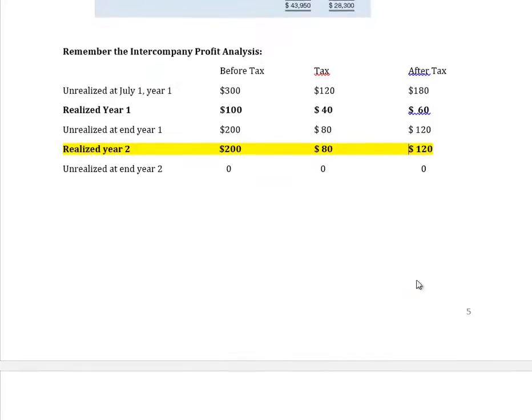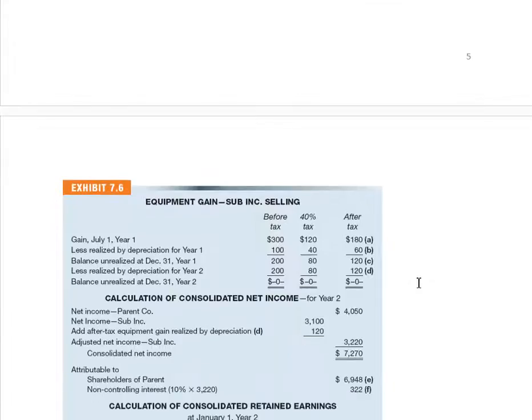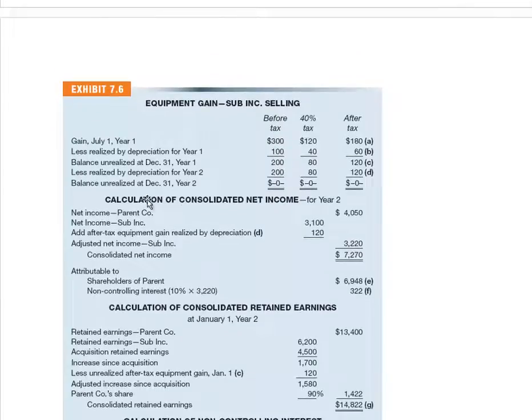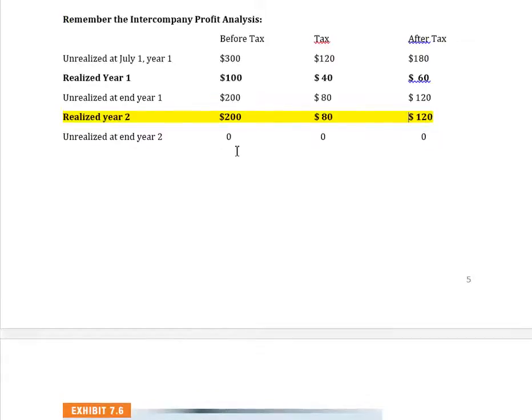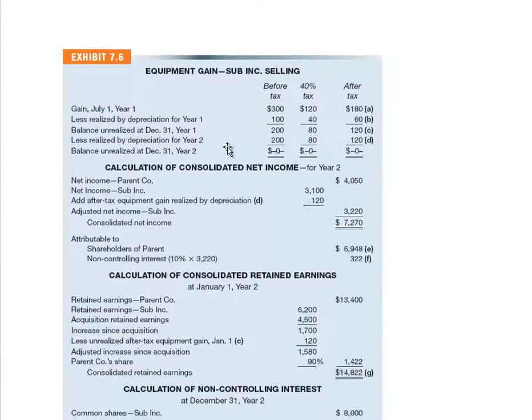So what happens at this point? Well, again, we have no more unrealized balance. That's what I've basically pulled out for you here. And we're going to adjust the sub's separate entity income for year two, which was $3,100, upwards by 120. Not literally. We don't go into the sub's separate entity books and do it.